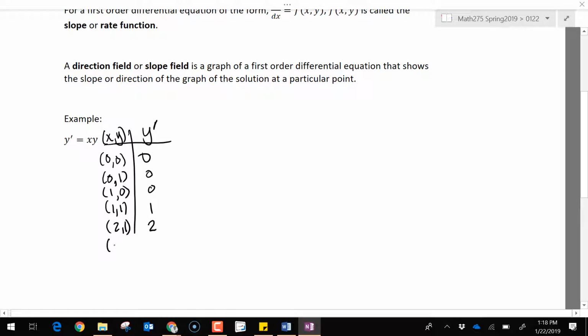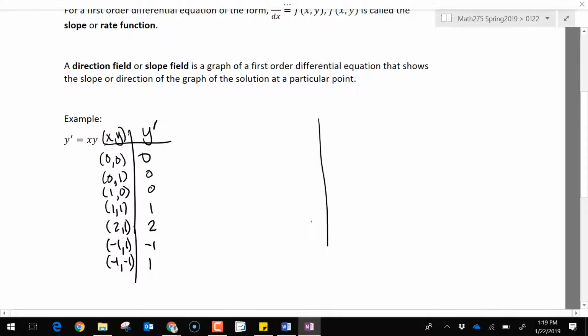Let's try a negative point, negative 1, 1. Negative 1, negative 1, negative 1, positive 1. This is getting too long. So let's just pause here for a moment. And we have a list of numerical values and some slopes. So we have a list of points and slopes. And so we want to put this together into a graph.